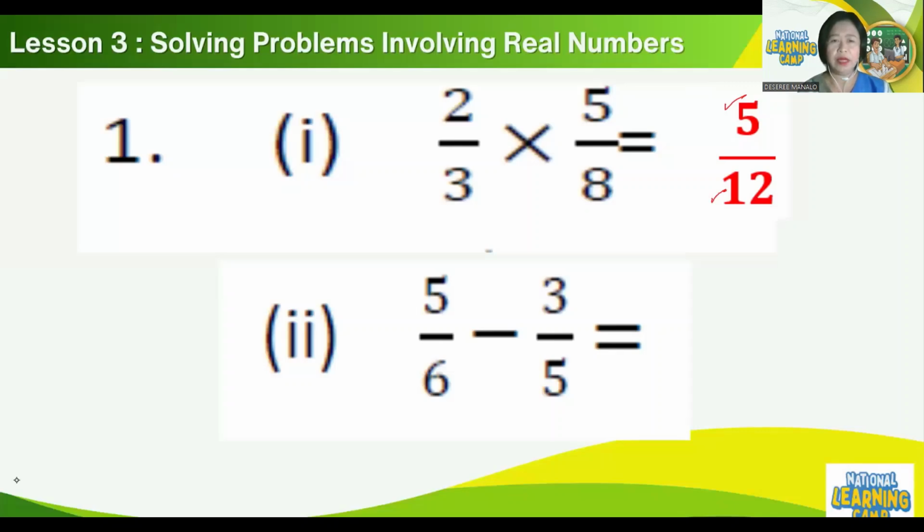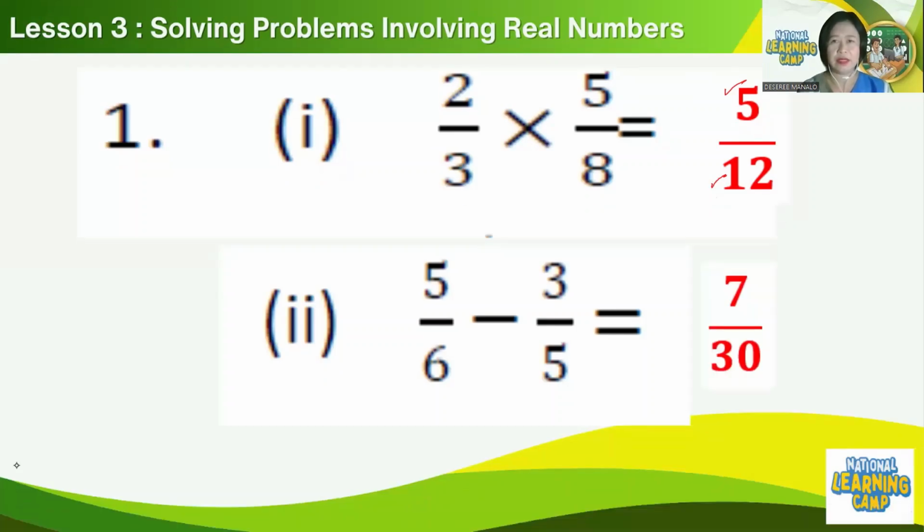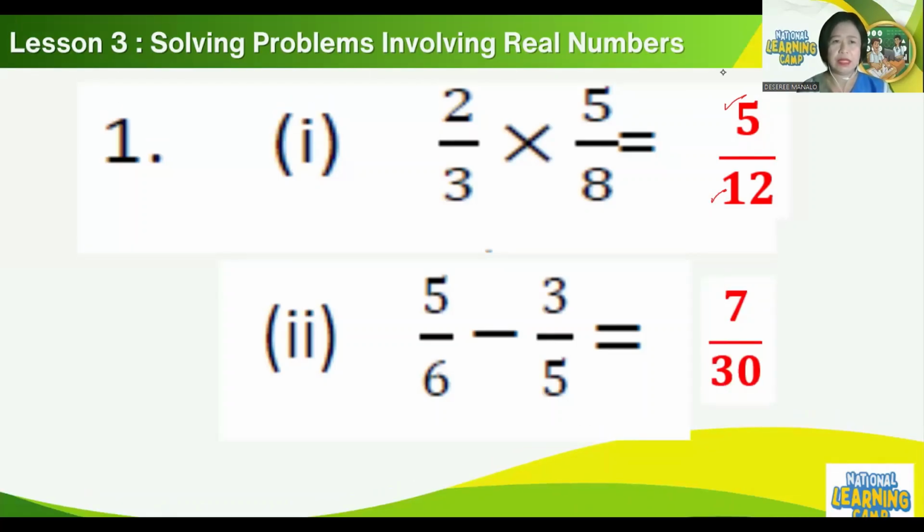For number 1 2i, 5/6 minus 3/5 equals 7/30. Why 7/30? 6 and 5 are the denominators. We can use the finding the LCD, right? Or you can use the butterfly method. So let us use the butterfly method. Multiply 5 times 5, so we'll have 25.